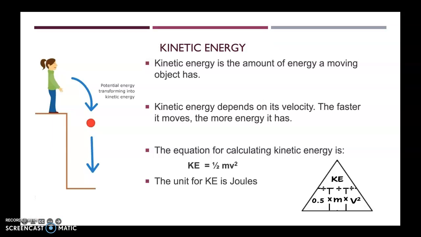Okay, so if we were to type these equations, we would have kinetic energy equals 1/2 or 0.5 times mass times velocity. And I can't do the little squared here, so I'm just going to do velocity times velocity, because that's another way of doing velocity squared.